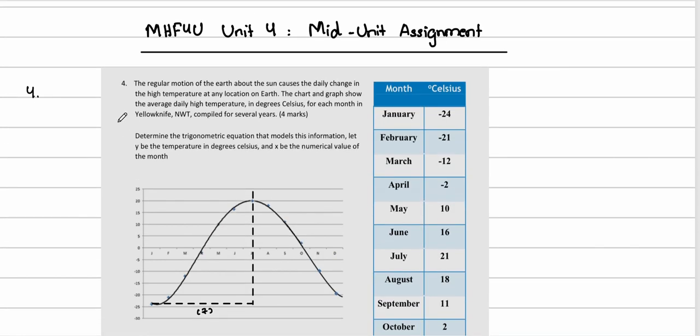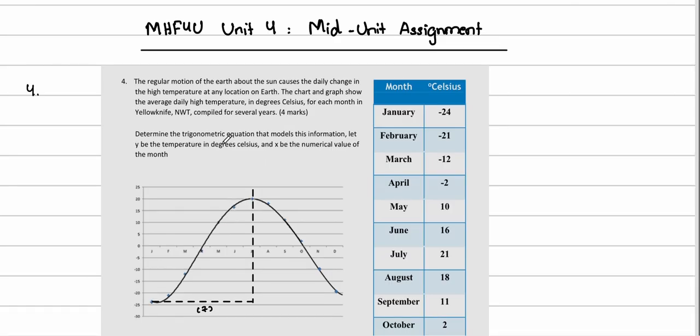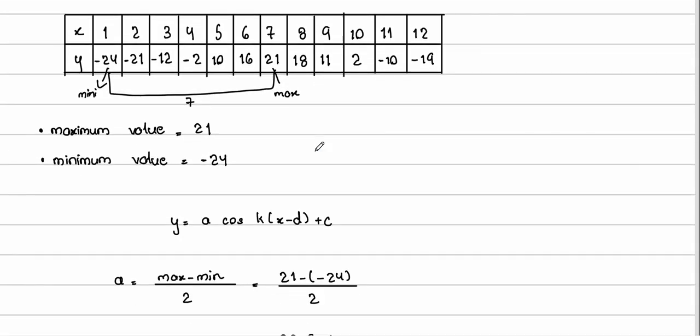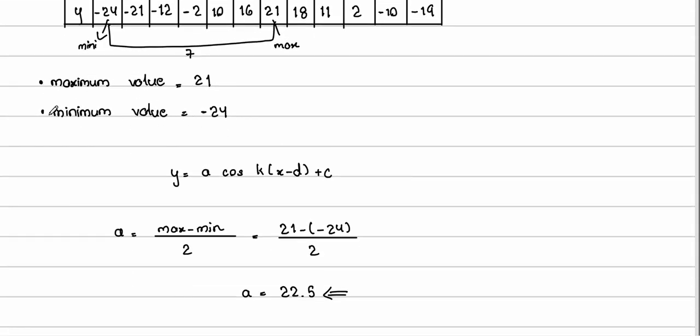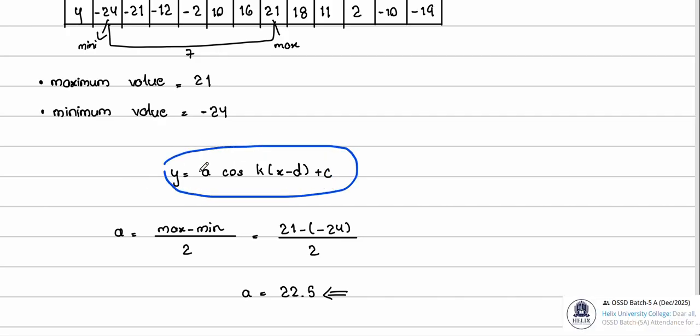So in order to find the trigonometric equation, we need to know the maximum value and minimum value first. This is the equation that we need to fill in. First thing first, this is the A, which means amplitude.